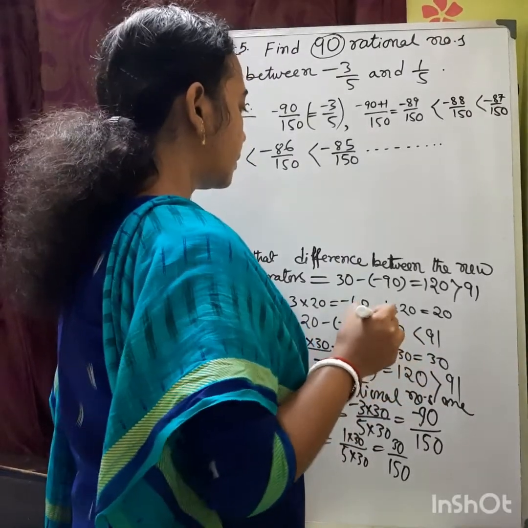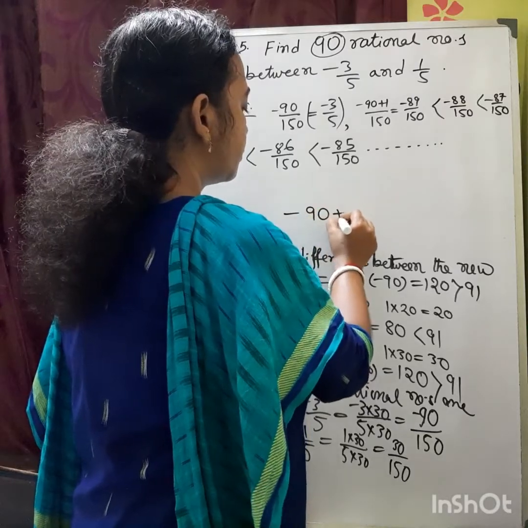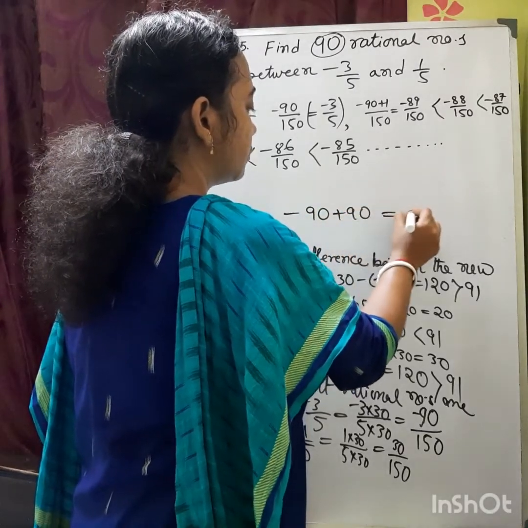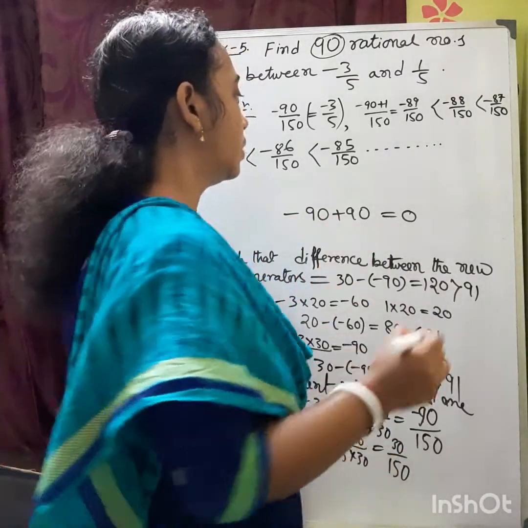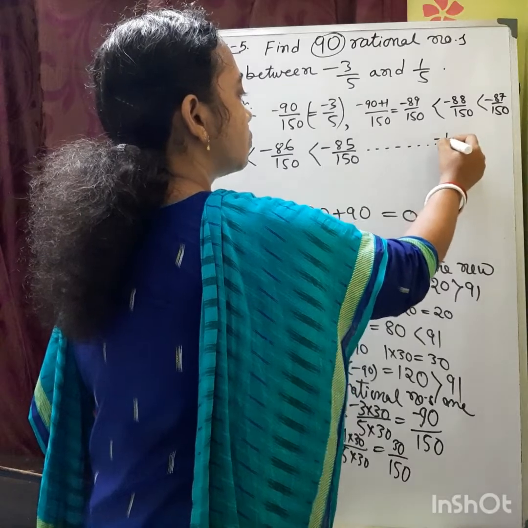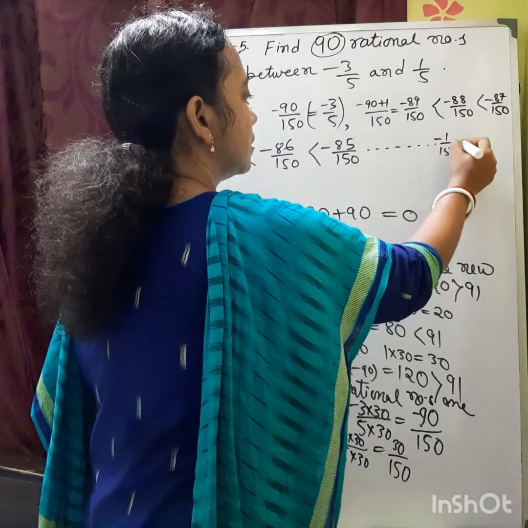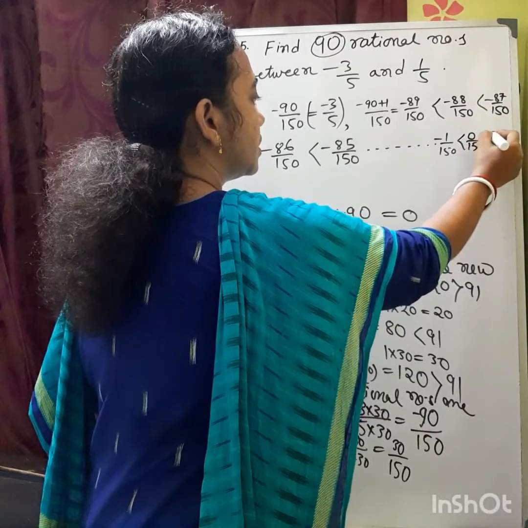So the last number will be, as the starting number is minus 90, if we add 90, the sum is coming 0. So up to 0 we will write, that means minus 1 by 150, then after that we will write 0 by 150. So up to this we will write.